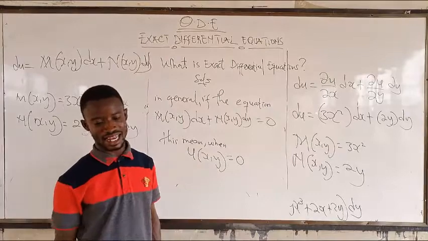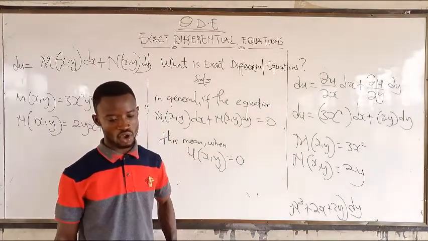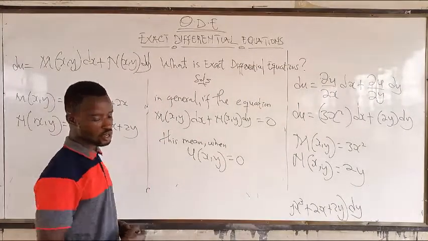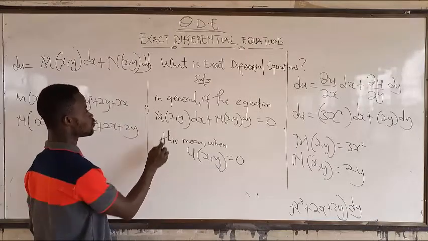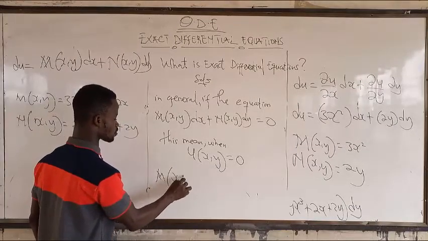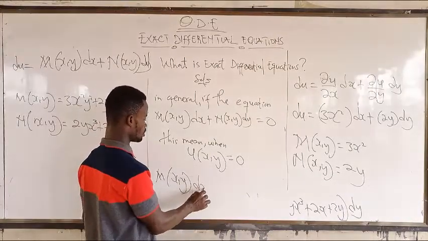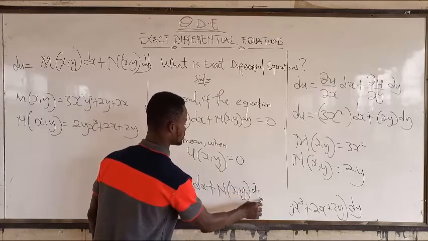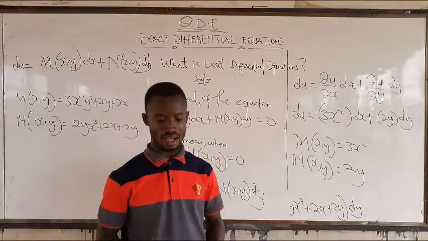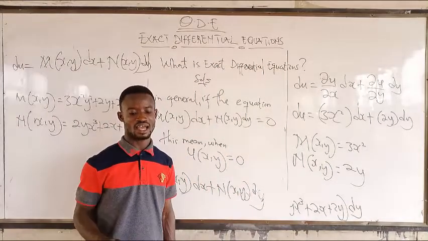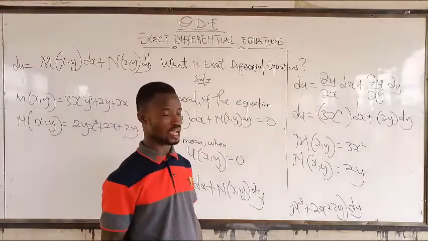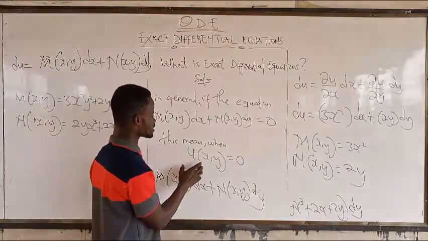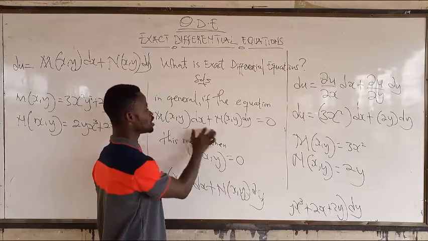Such that the left hand side is the total derivative of some function u, then we call M(x,y) dx plus N(x,y) dy an exact differential. So we are saying that we know that a total derivative is a function u of x and y being equal to this.